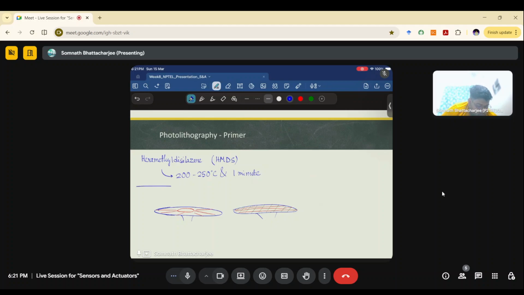So the main purpose of this is promoting adhesion between the substrate and photoresist.